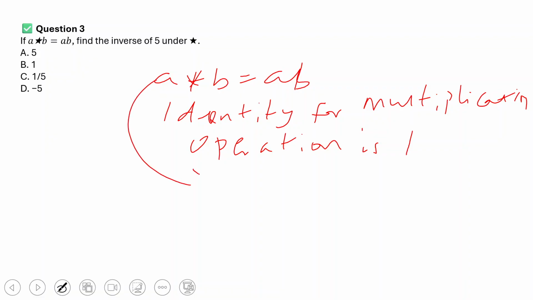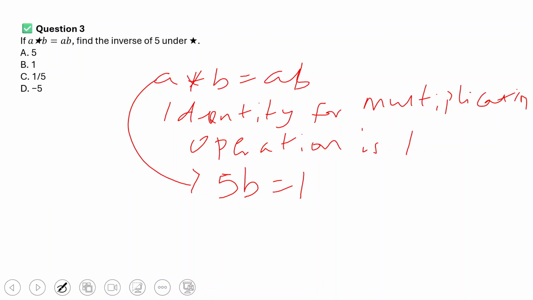So in this one now, A becomes 5, for the inverse A becomes 5. Then B is what we are looking for as the inverse, and 1 is the identity.